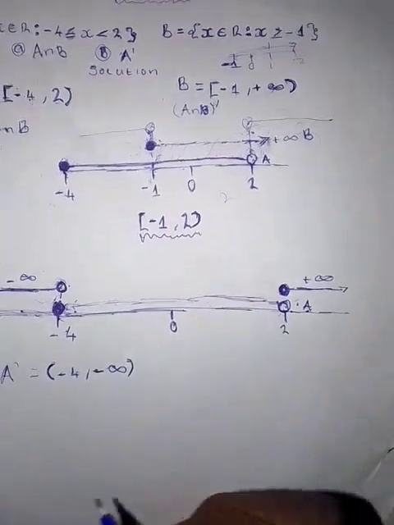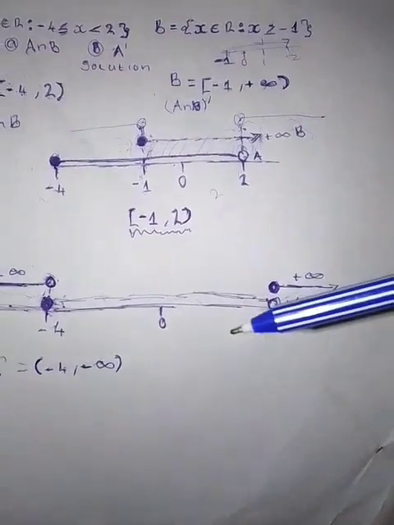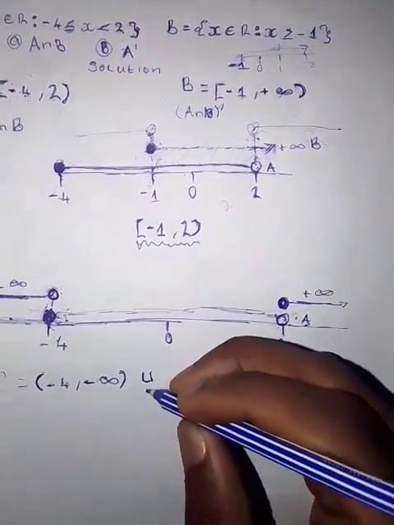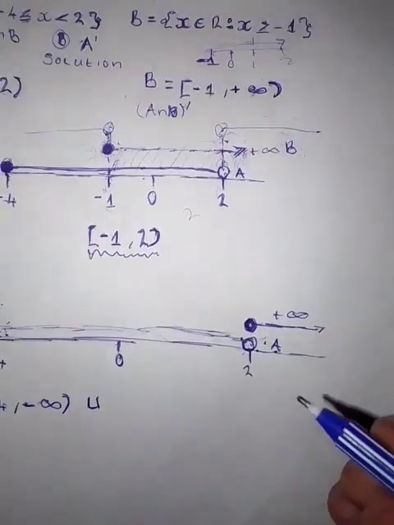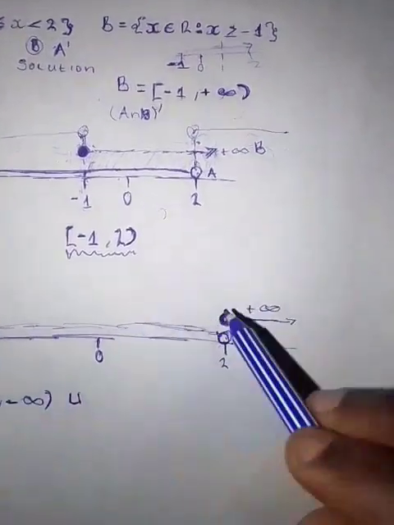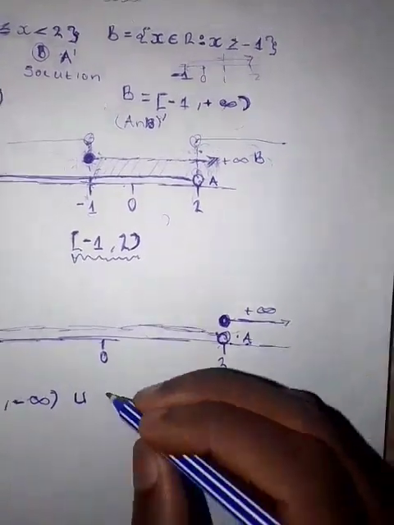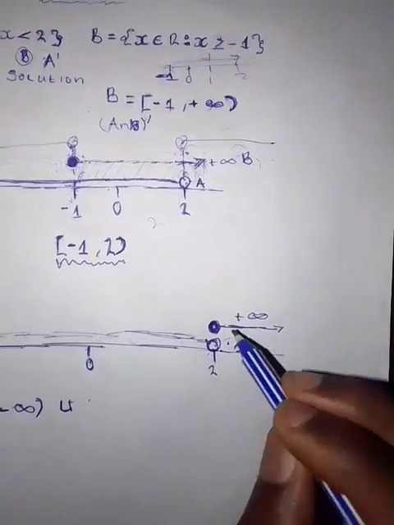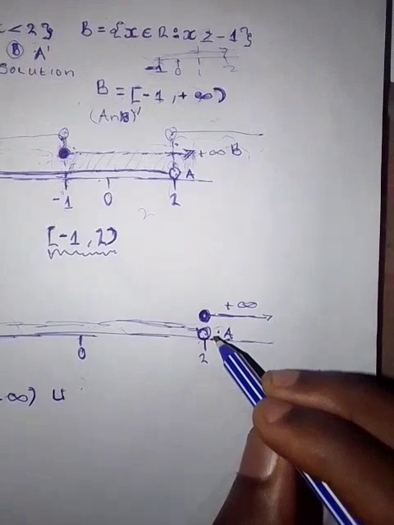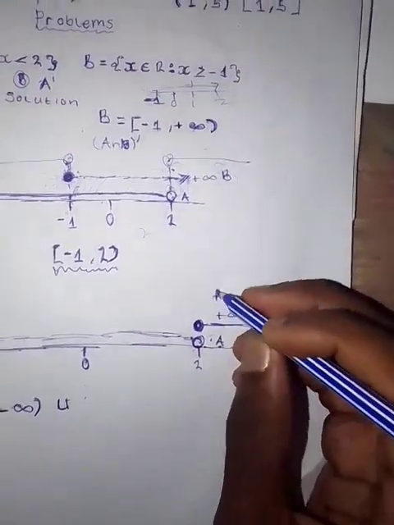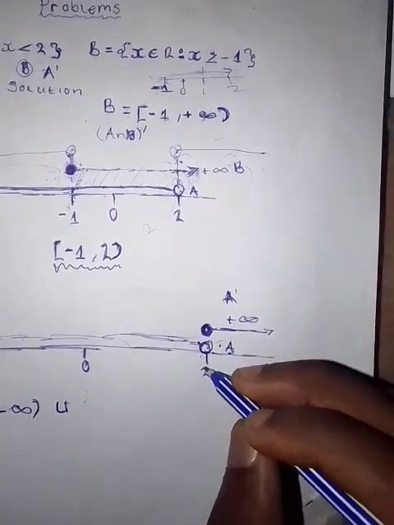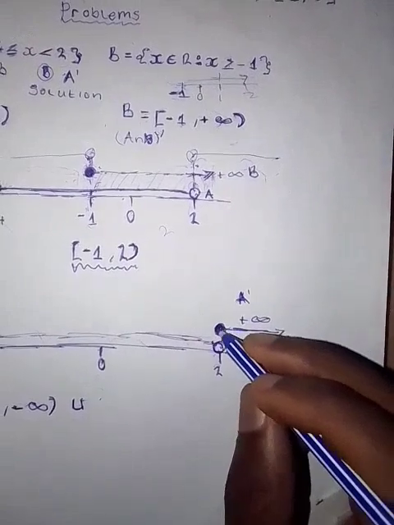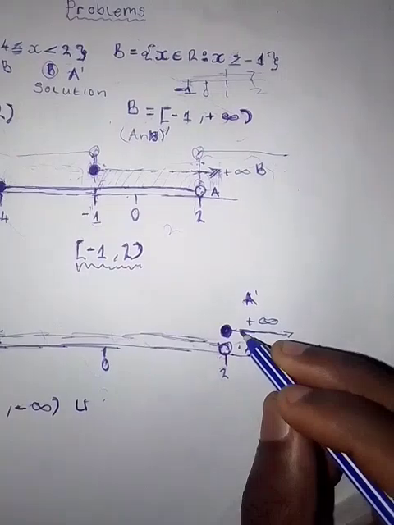Since we have two, we need to combine them. How? We are going to use the union. Using the union, you're going to unite this side with this side. So now you write this part here. What do we have? We have the A complement, starting from 2, and we have a shaded bubble here on top going to positive infinity, right?